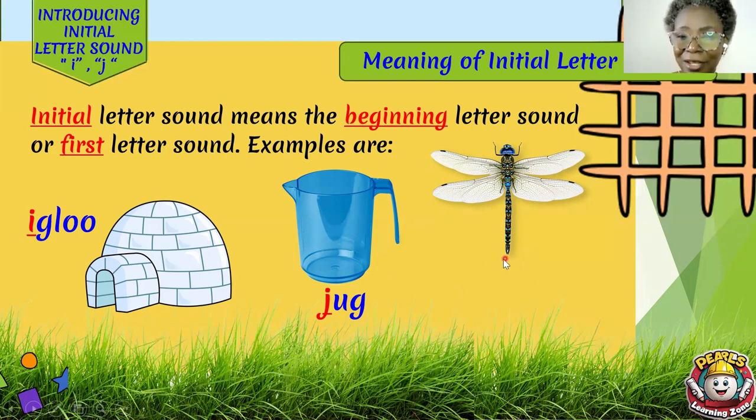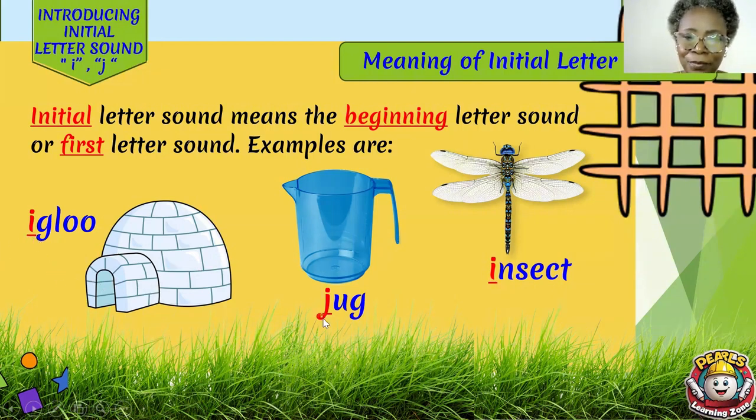So when I say insect, what is the first sound you hear? E. Well done. Bravo. So this is insect. E is underlined in red ink, and E is also in red ink. It is very important.